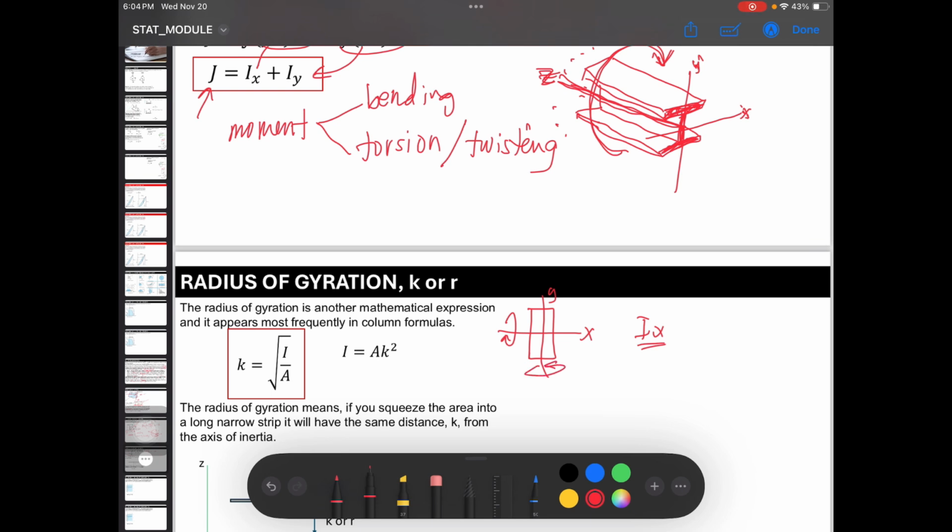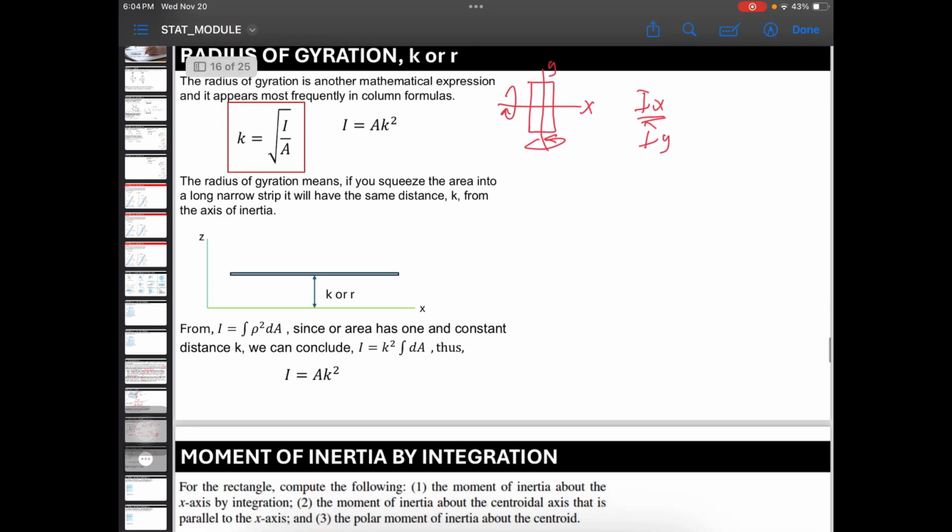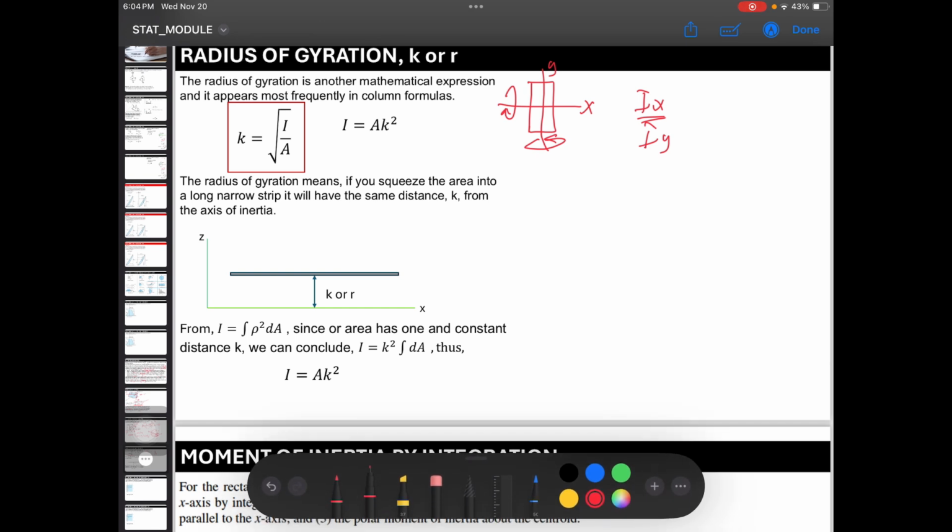Kapag tinwist mo, pag ganito, Iy ang gagamitin mong moment of inertia. Kailan mangyayari yun? Kapag meron kang beam at ang installation mo is, pag sinection mo yan, ang installation ng beam mo is nakatayo siya. Bending yan pag ganyan. Pag patayo ang rectangle mo, ibig sabihin Ix ang bending mo.